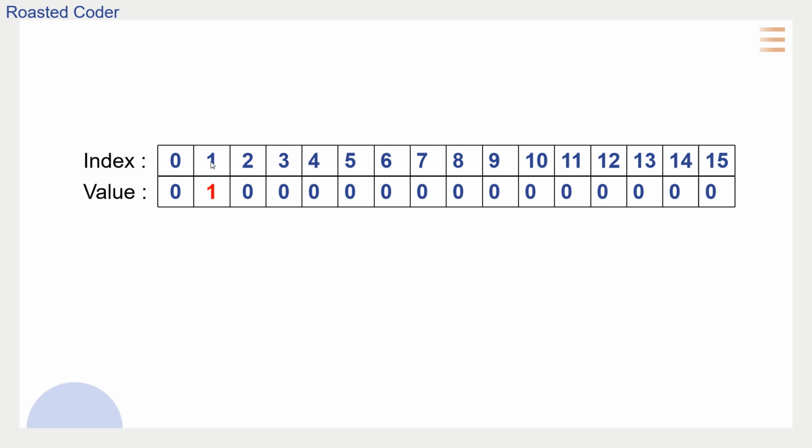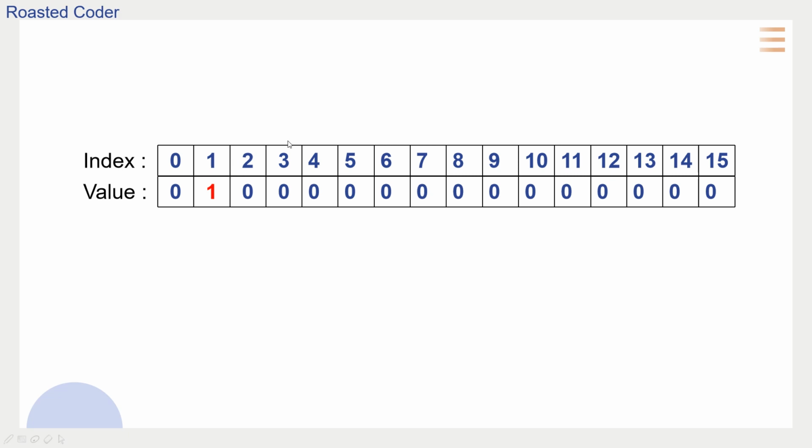So we'll check what the value at half of the index is. You can see half of 1 is 0.5, so it will be 0, and the value at 0 is 0. We will increment 0 and put it into 1.